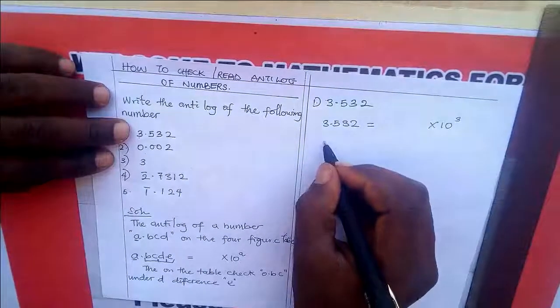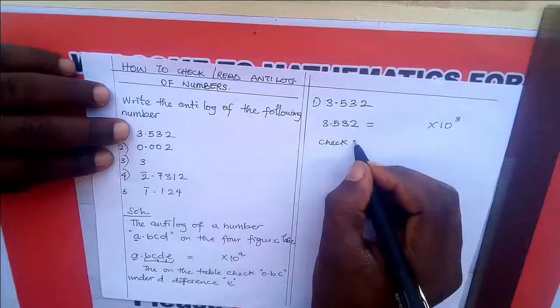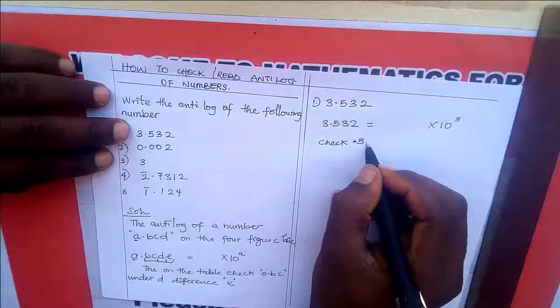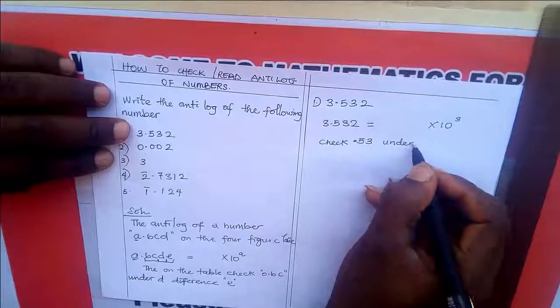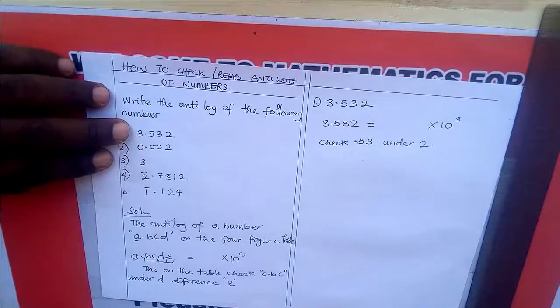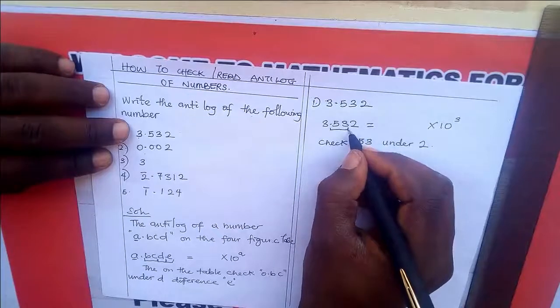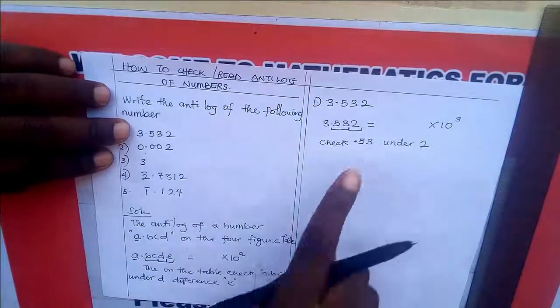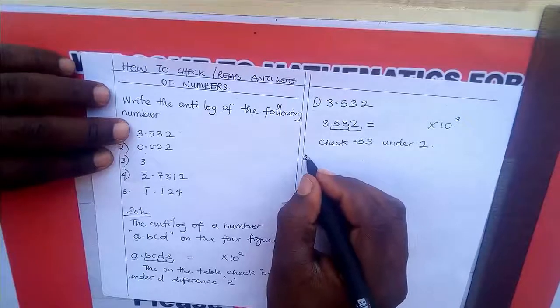Then you will check 0.53 under 2. Since there is no fourth number, the difference 0 doesn't make anything. So we say 53, we check it under 2. So you can check it and see what the answer is before I write it for you.